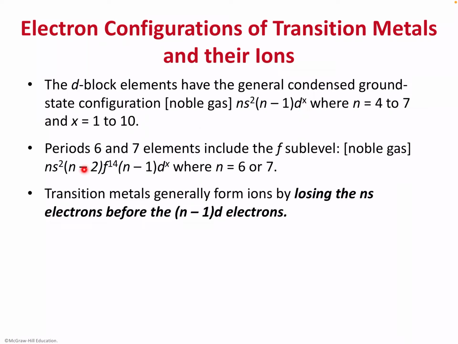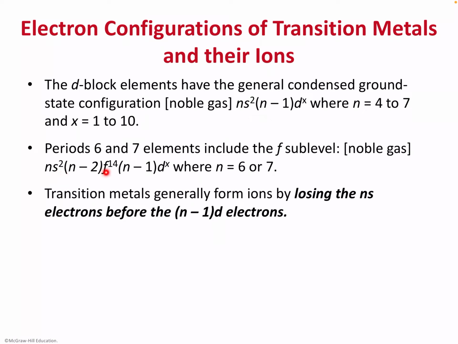Okay. And then when you come to periods 6 and 7, we include the f sublevel. How do you write the f level configuration? You write the noble gas prior to the f block element, main period ns2, s would be filled up.